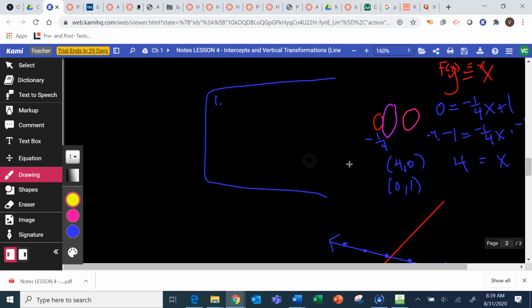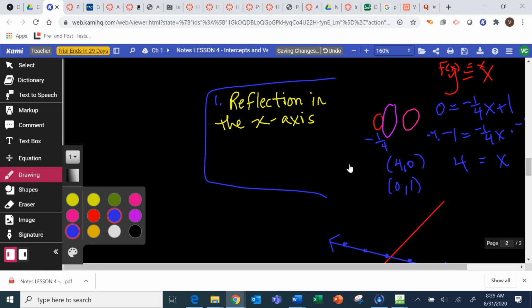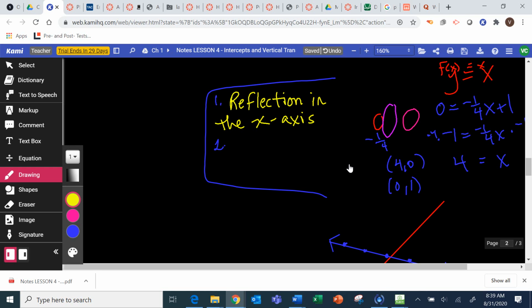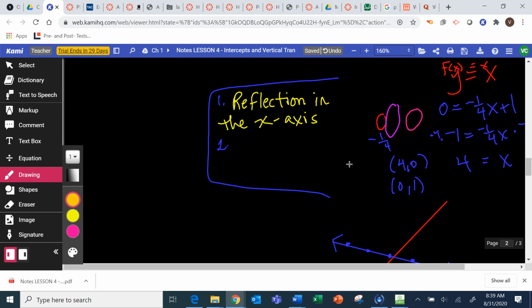Okay, the negative sign is a reflection in the x-axis. So that's in that little table above when we were dancing. The second thing, the 1/4. The 1/4 is a vertical.